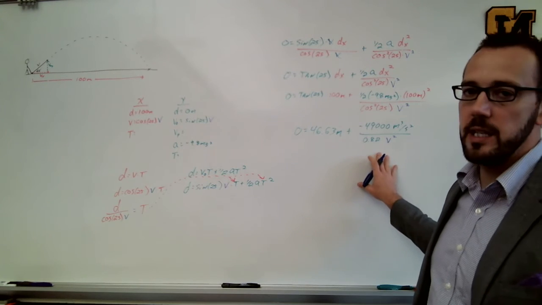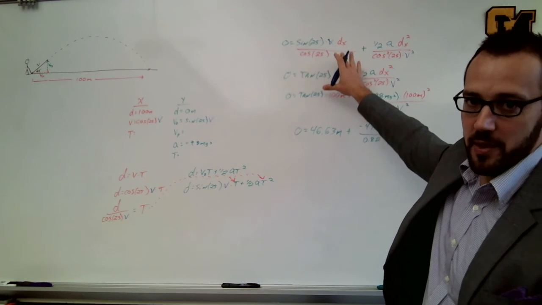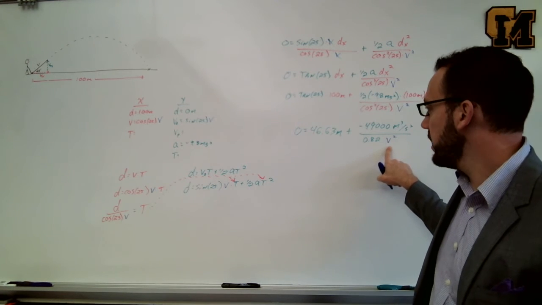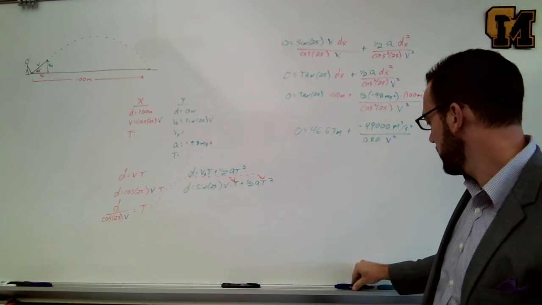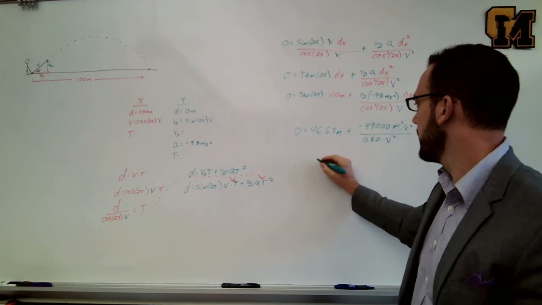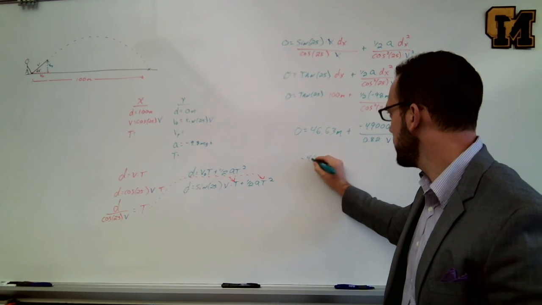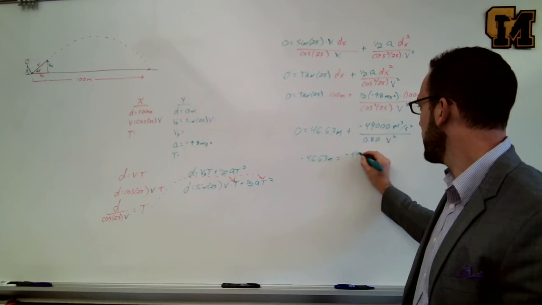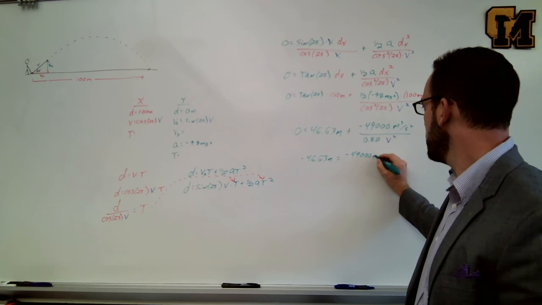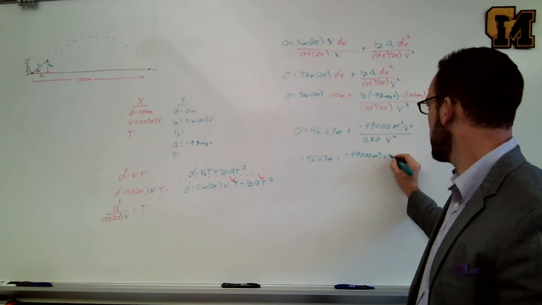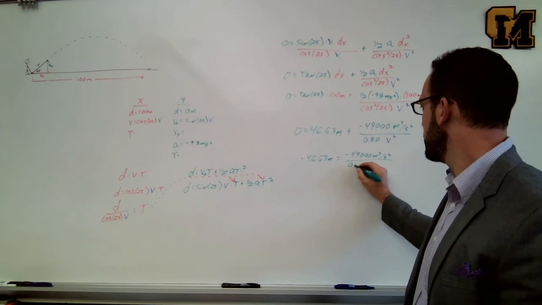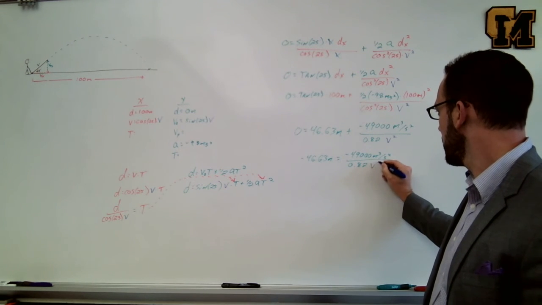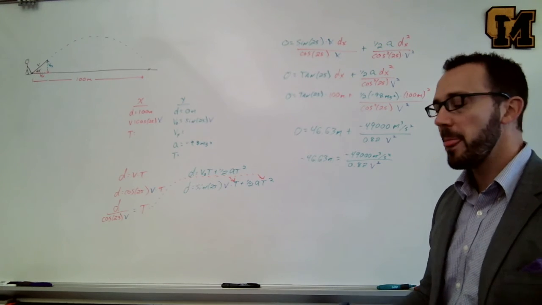This now doesn't look nearly as scary as it was looking up there, hopefully for you. Now we're just going to do a little bit of algebra to solve for v squared. First thing I'm going to do is subtract this 46.63 over to the left. So we get negative 46.63 meters equals negative 49,000 meters cubed per second squared, all over 0.82, and v squared.